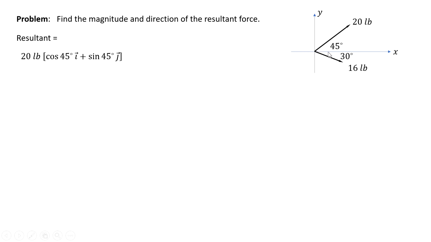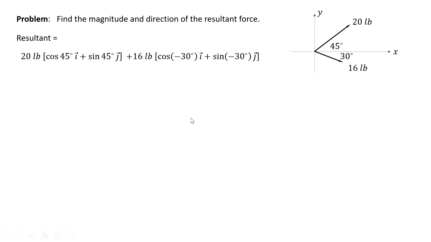If we are measuring from the positive x-axis in a counterclockwise direction, that's considered positive. So to reach this vector 20 from the positive x-axis, we have to go in a counterclockwise direction. That's why this is positive 45. However, this 30 happens to be in a clockwise direction. So that's why it should be interpreted as negative 30 degrees.